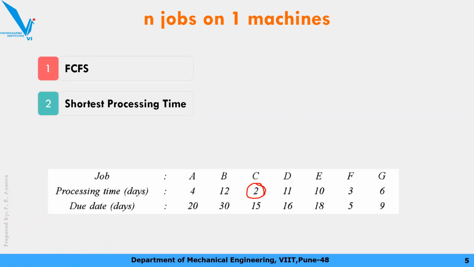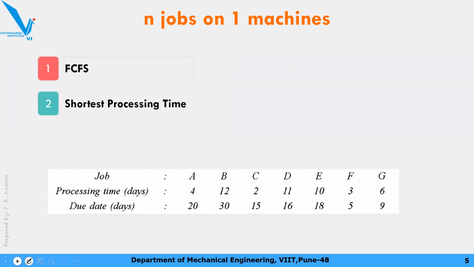So 2 दिन में ये job complete होने वाला है, तो आप क्या करोगे, you will start with C. Okay, उसके बाद F, so आप job F start करोगे, then you will start working on job number A, then G, then D, and B. B will be the last. Okay, so that is based on shortest processing time.